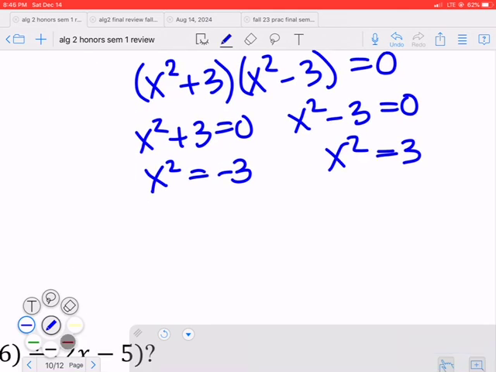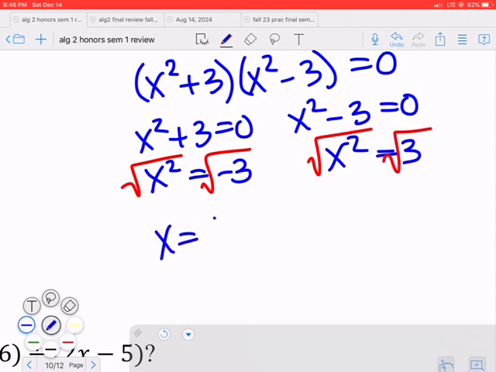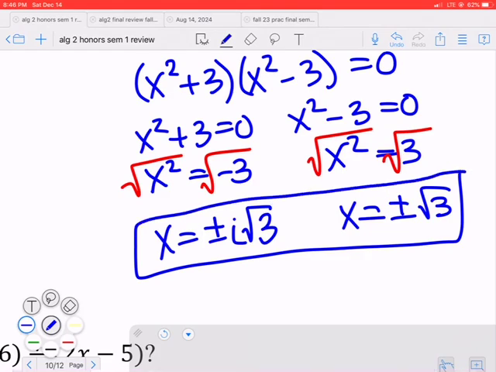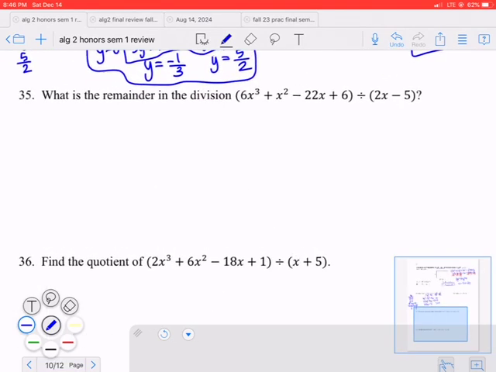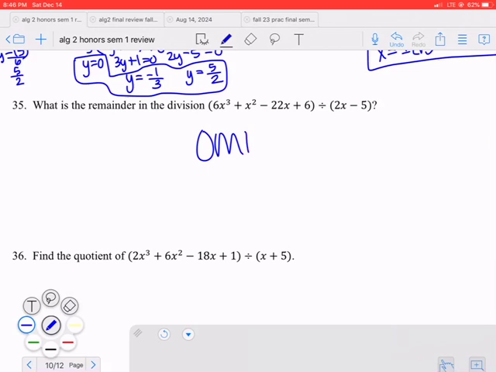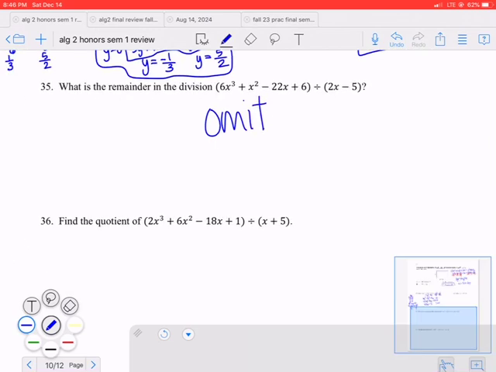Take the square root of both sides on each equation. x is equal to, don't forget your plus or minus, the negative comes out as an i, root 3, plus or minus root 3. 4 solutions. What is the, okay, so I'm going to skip this one because we are going to learn this in chapter 3. When we come back from break, we'll continue where we were.